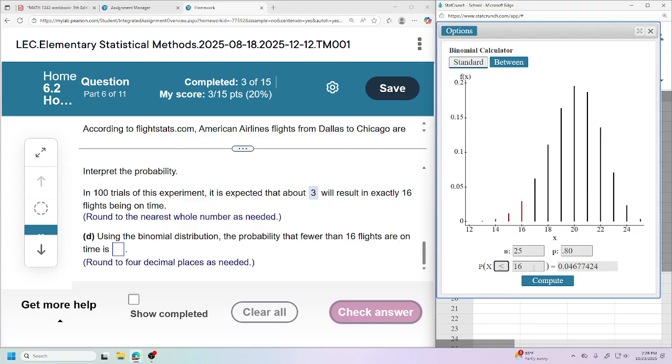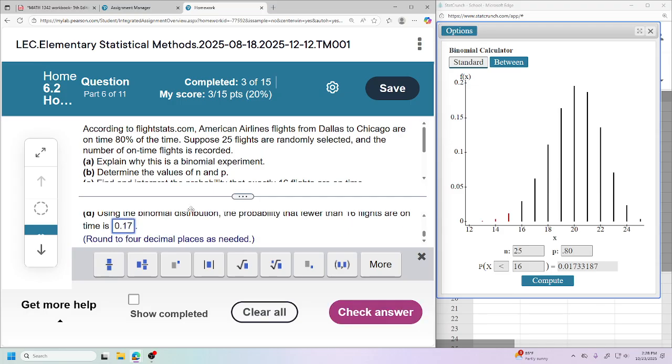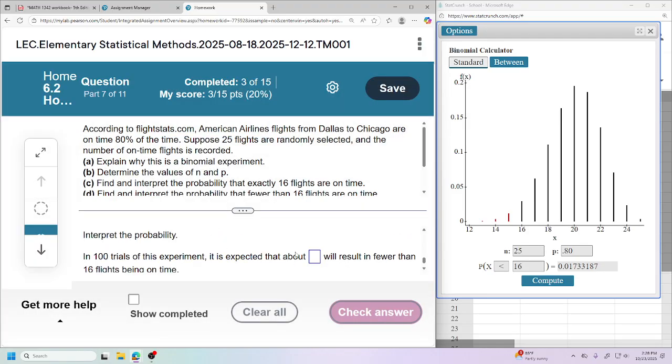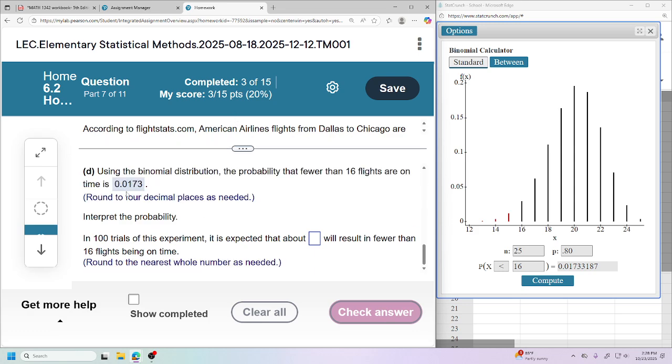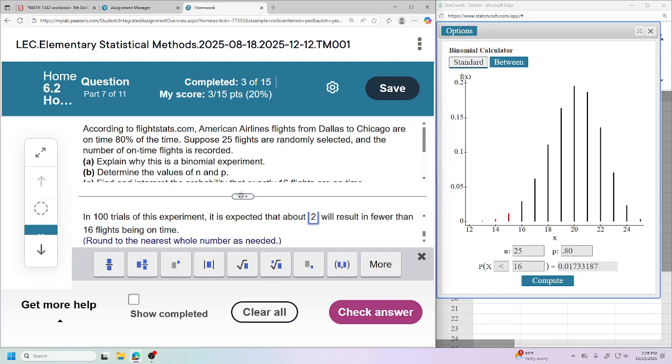Here we go. Less than 16. 17. Oh, 0173. Okay, sweet. So that was my answer. It says times 100. I shifted over twice. 1.7 would round to what? 2.